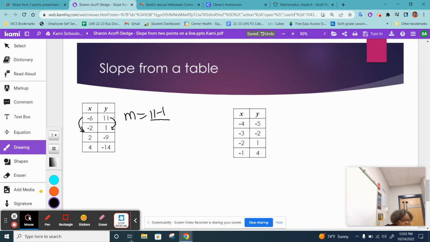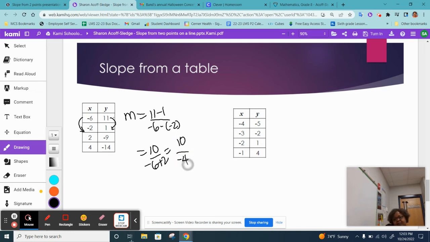My x's go on the bottom. So since I said 11 minus 1, I'm going to go -6 minus a -2. So this is 11 minus 1 is 10. This is -6 plus 2. So it's 10 over -4. And that simplifies to a -5 over 2.